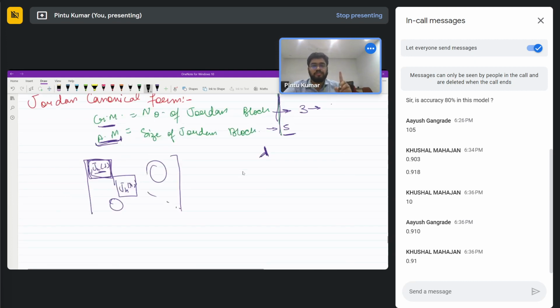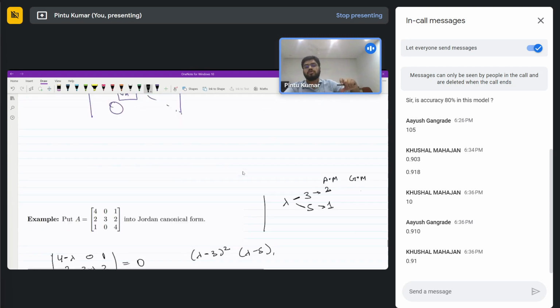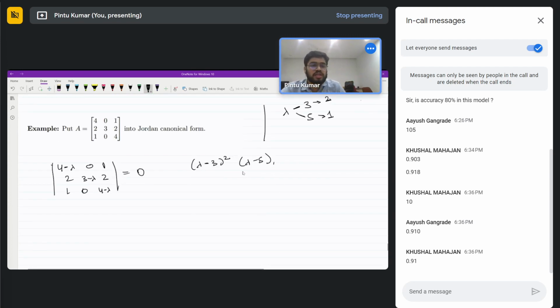Based on algebraic multiplicity, what we know is the total size of the Jordan block. So the total size for lambda equal to 3 is 2, and for lambda equal to 5 is 1. So let's start writing our Jordan blocks. For lambda equal to 5, the size is only 1 cross 1.